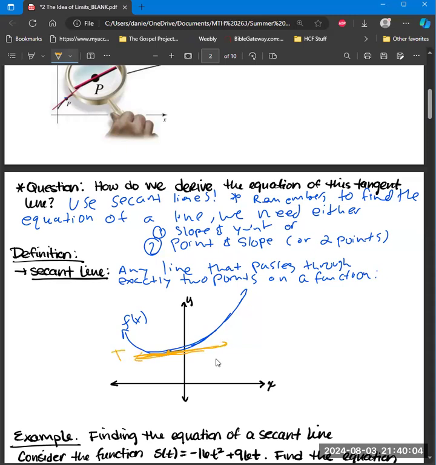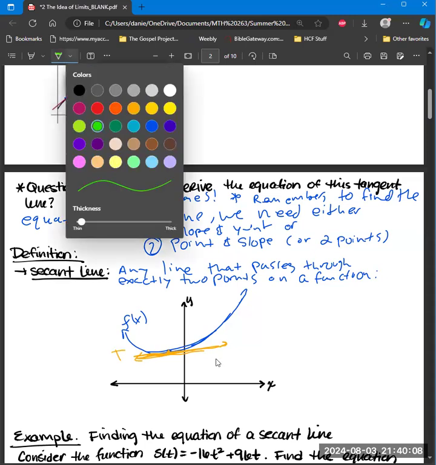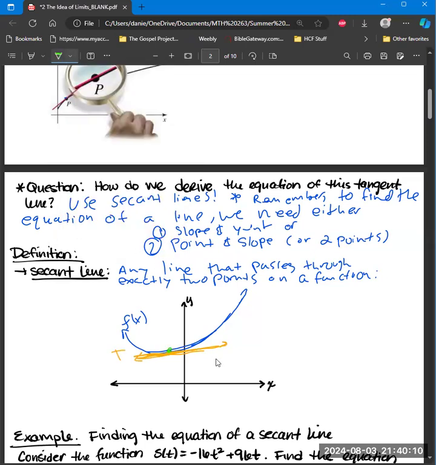It's our tangent line. But let's make a secant line now. Same point there, but let's pick another point up here.